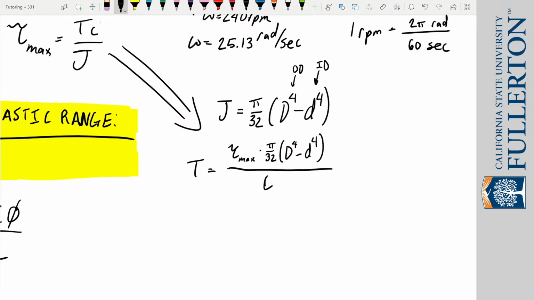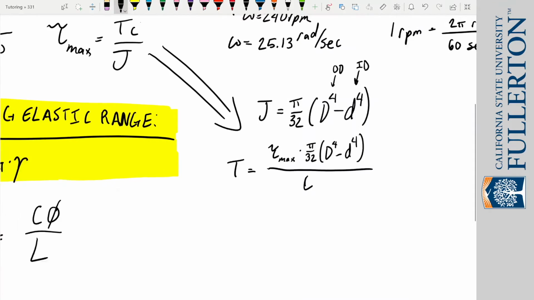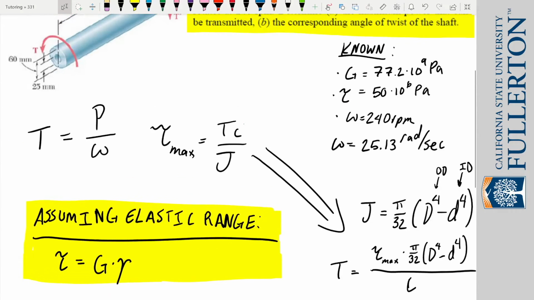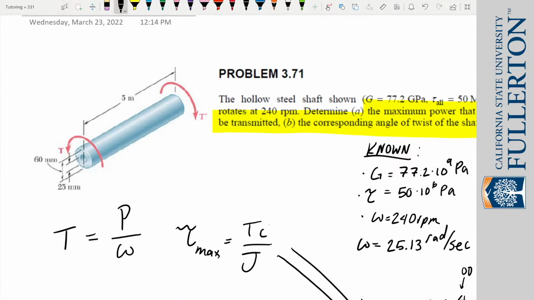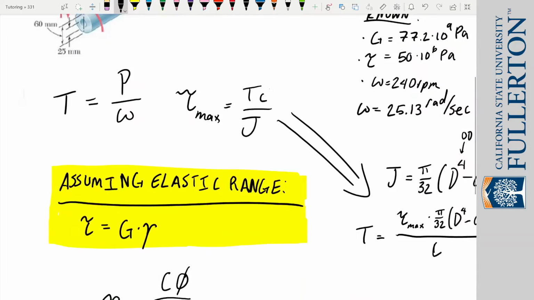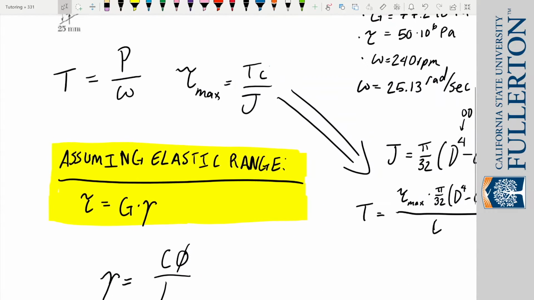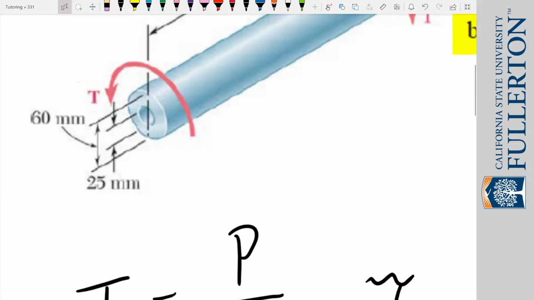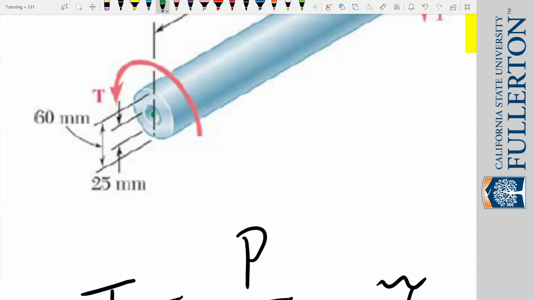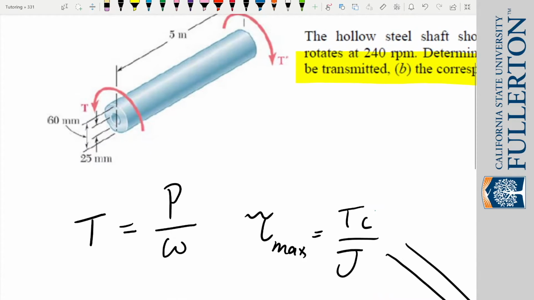All right. We're going to want to work in SI, but we can tell our outer diameter here is 60 millimeters, and our inner diameter is 25 millimeters. And C is just going to be from the center to the farthest distance out. So the farthest distance out is 60 millimeters divided by 2, which is just the radius of our outer diameter.